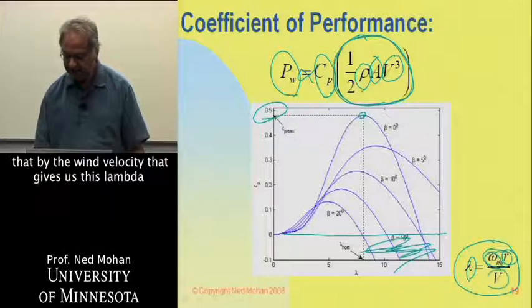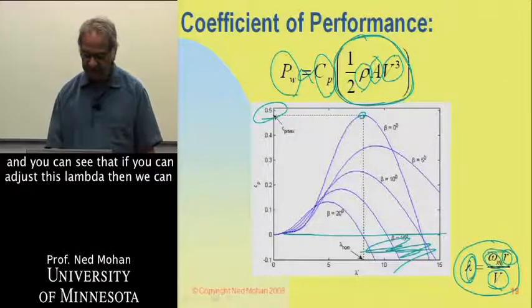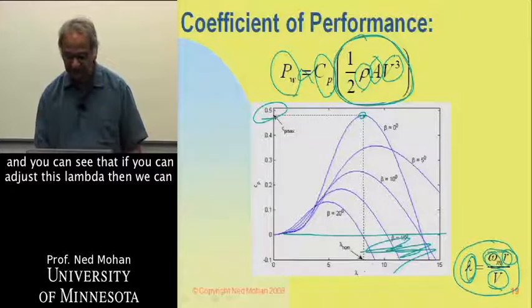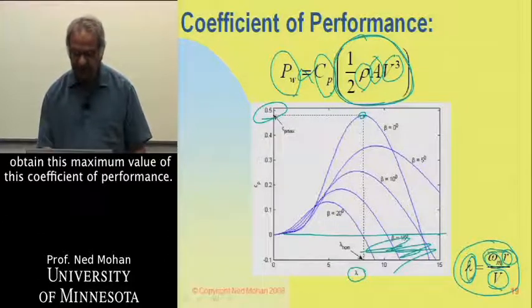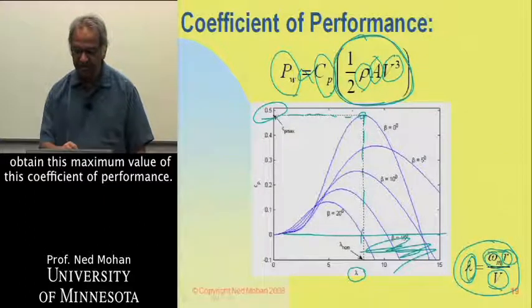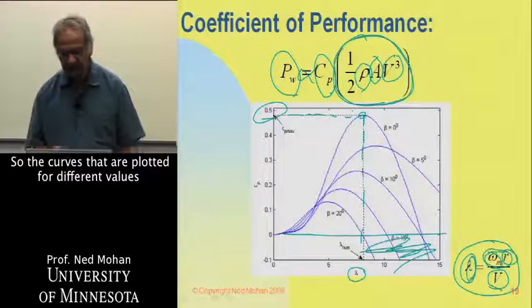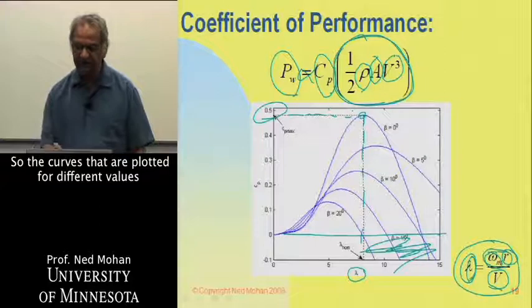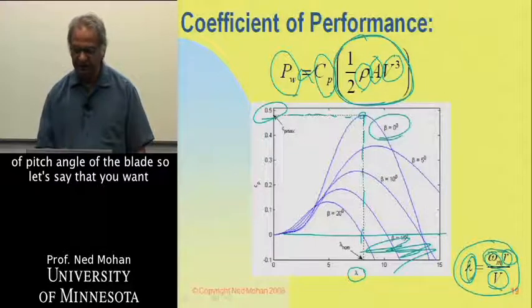And if you divide that by the wind velocity, that gives us this lambda. And you can see that if you can adjust this lambda, then we can obtain this maximum value of this coefficient of performance. So the curves are plotted for different values of pitch angle of the blade.